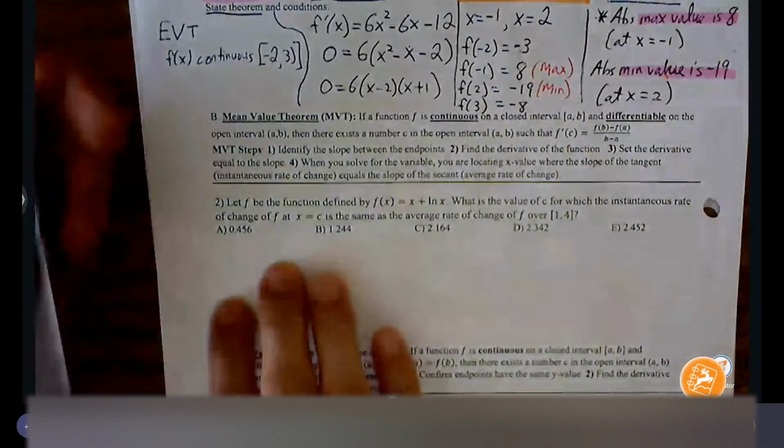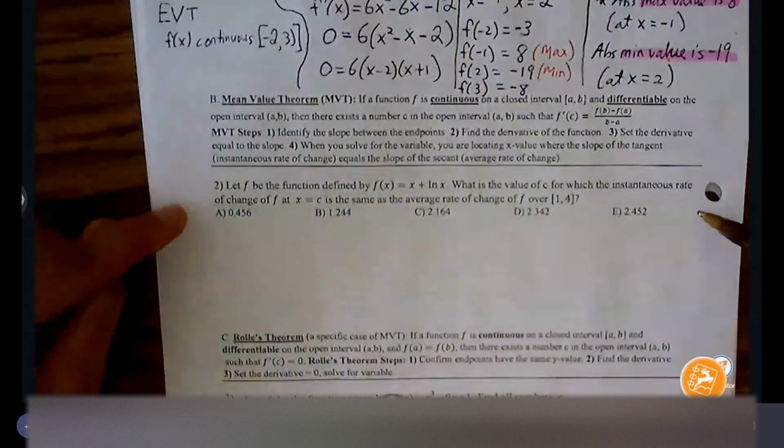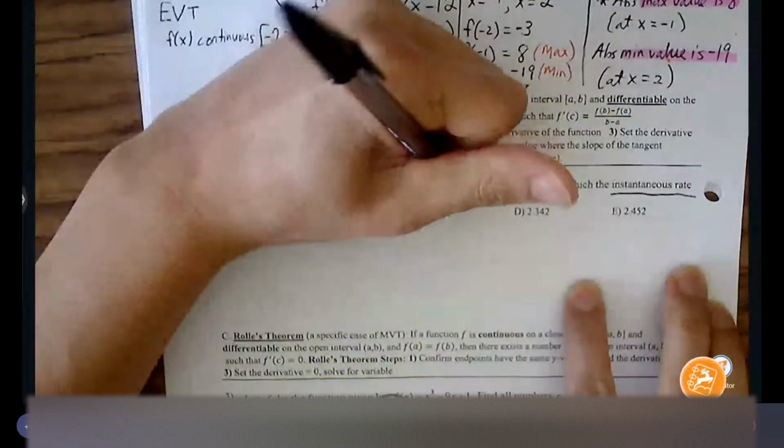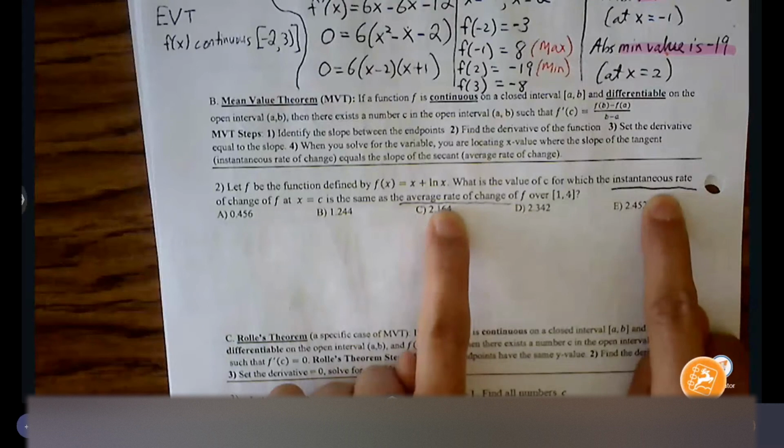Okay, so we have a function x plus natural log of x. What is the value of c for which the instantaneous rate of change is the same as the average rate of change? So we see that description here. It doesn't say mean value theorem everywhere, but they are clearly describing mean value theorem.